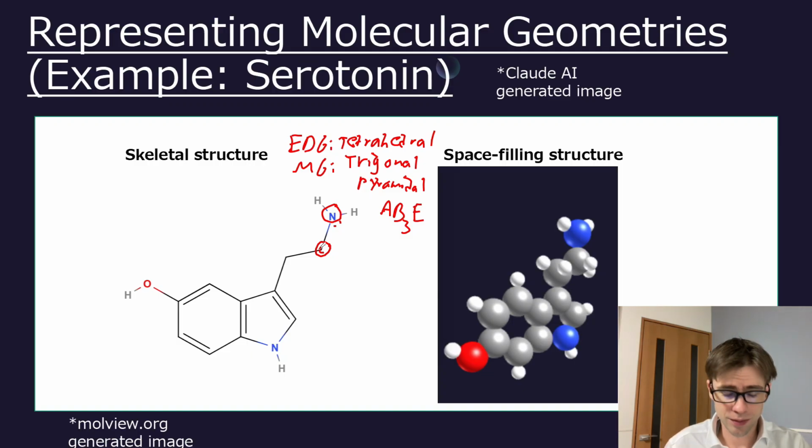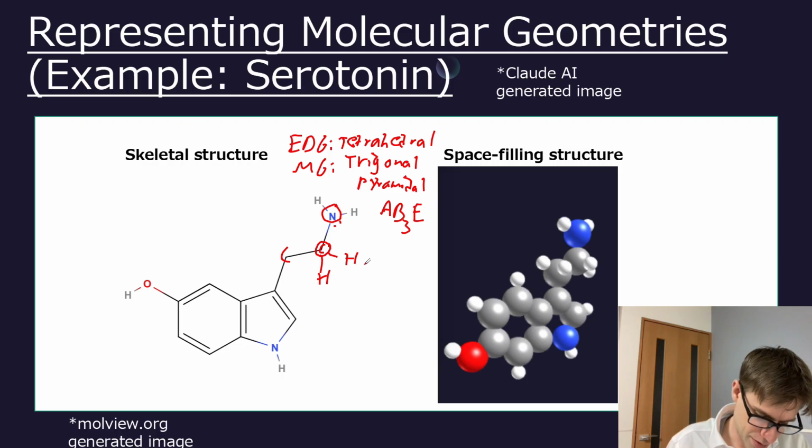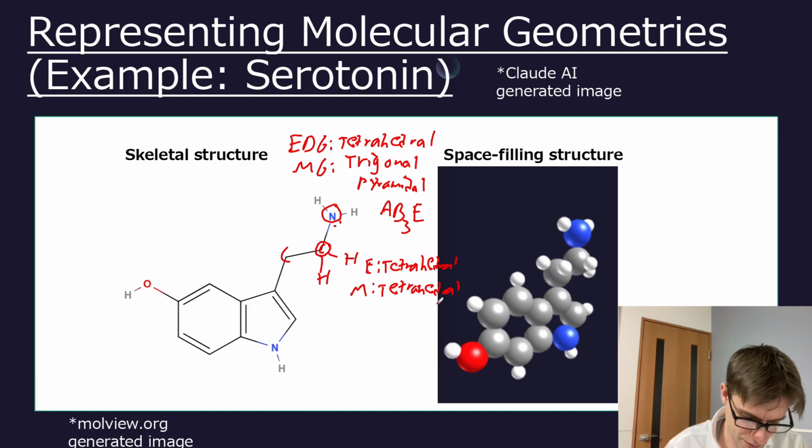Carbon will usually form 4 bonds, and it does indeed here form 2 extra hydrogens, then one with CN, one CC on the left. So I'm just going to write E for electron domain is tetrahedral. And M for molecular geometry is also tetrahedral. No lone pairs affect this. So they are the same.